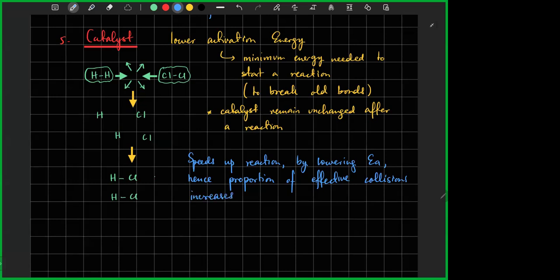Hence, the proportion of effective collisions increases. Only the proportion of effective collisions increases.